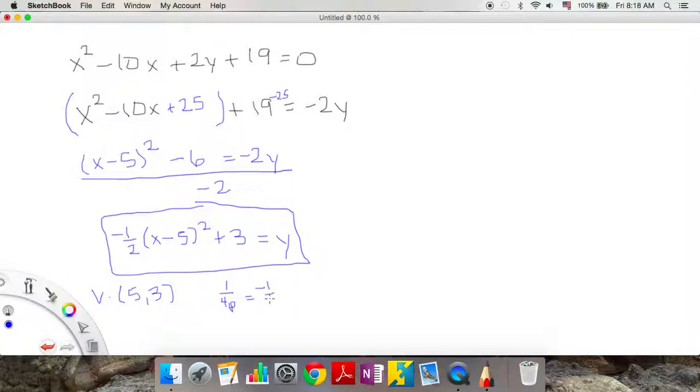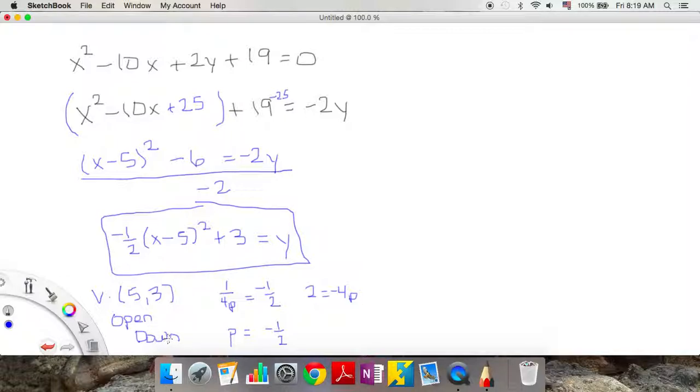So we set it equal to negative 1/2, cross multiply and solve, and you get p is equal to negative 1/2 because we've got 2 equals negative 4p. So once we have our p, we see it's negative, so that means it opens down. We know it's down and not left because the x is the squared thing. When we solve for y and have a squared x, we're going up or down.